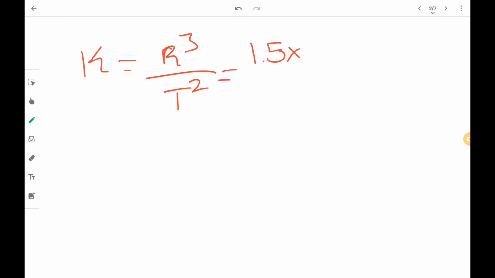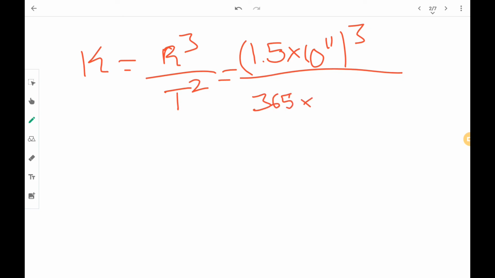The formula for Kepler's constant, K, equals the radius to the power of 3 over the period squared. The radius they give to us, 1.5 times 10 to the power of 11 meters, all cubed, over just 365 days.